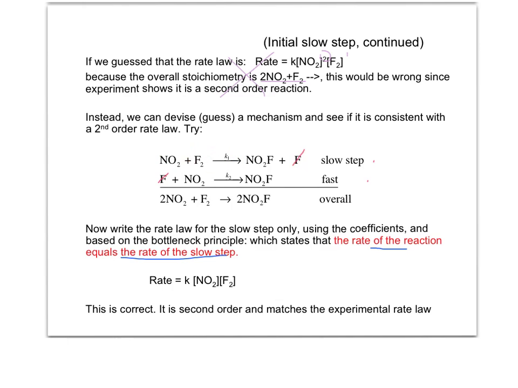So in theory, I could have put a K1 there, but then we say K1 is equal to K overall for the overall rate. Okay, so this is correct. It does match the fact that it's second order from the experimental rate law. So this is correct, and that is the answer to the problem. We just take the slow step and write the rate law from that.